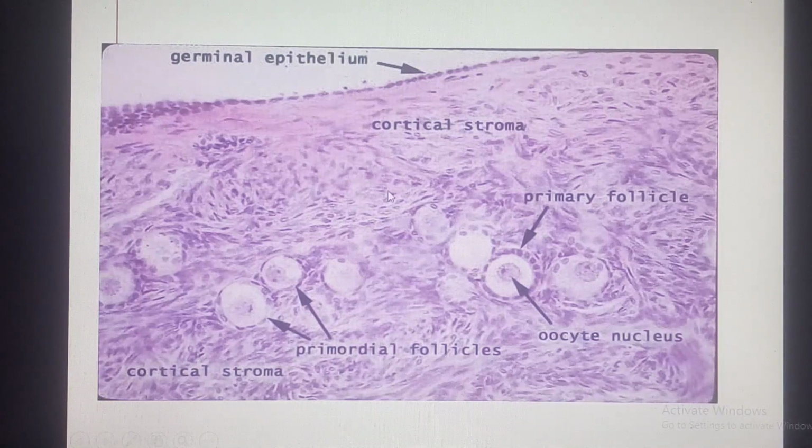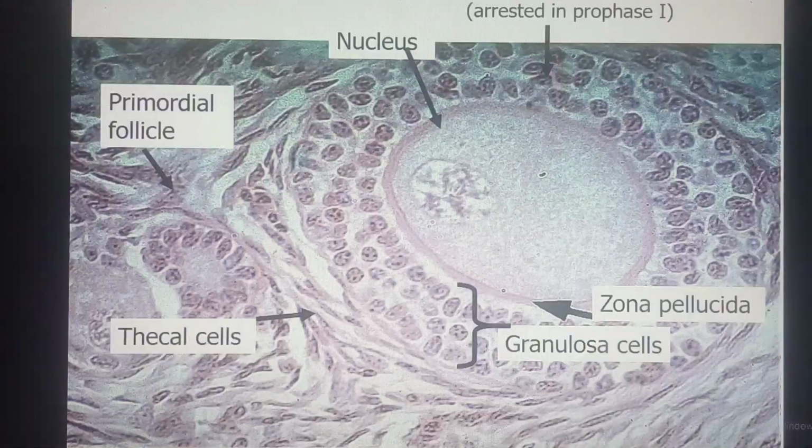Unlike other connective tissue, that of the ovary is highly cellular, so you can see a lot of cells in the stroma. Those immediately around the follicle get transformed under the influence of the granulosa cells into the theca cells, theca interna and theca externa.